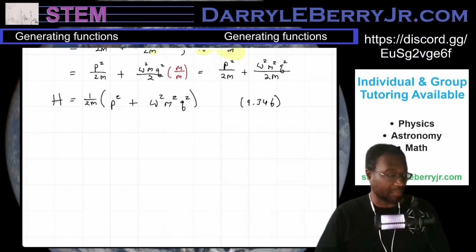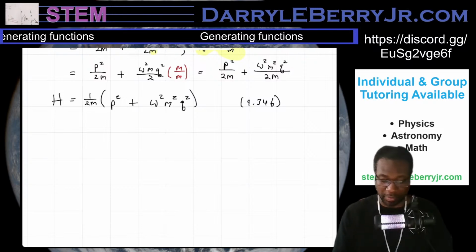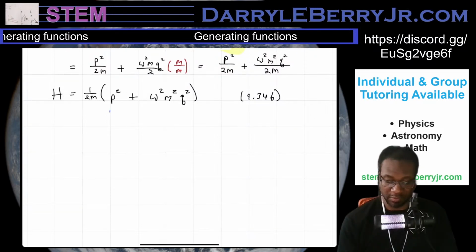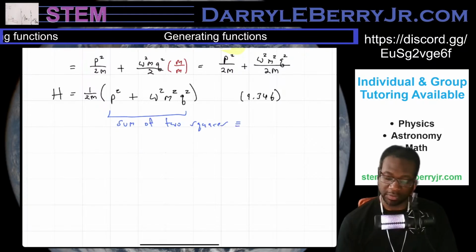So it says this form of the Hamiltonian, the sum of two squares, suggests a transformation in which H is cyclic in the new coordinate. All right. So now we have a sum of two squares, cyclic.